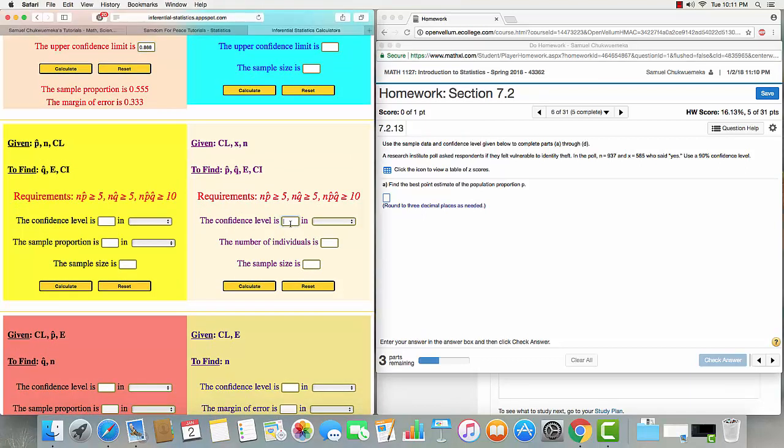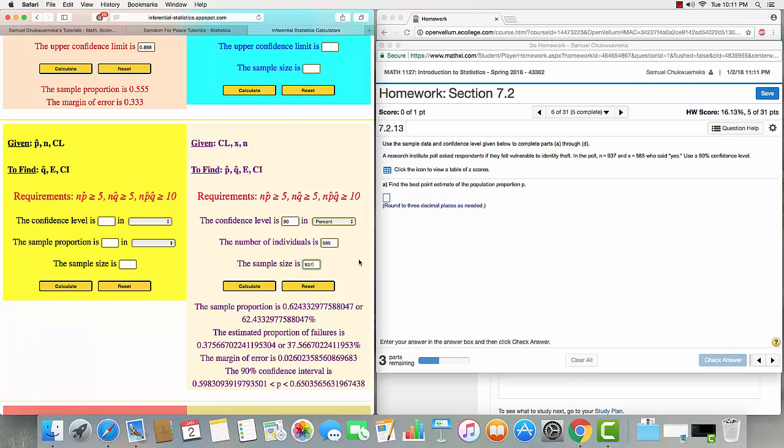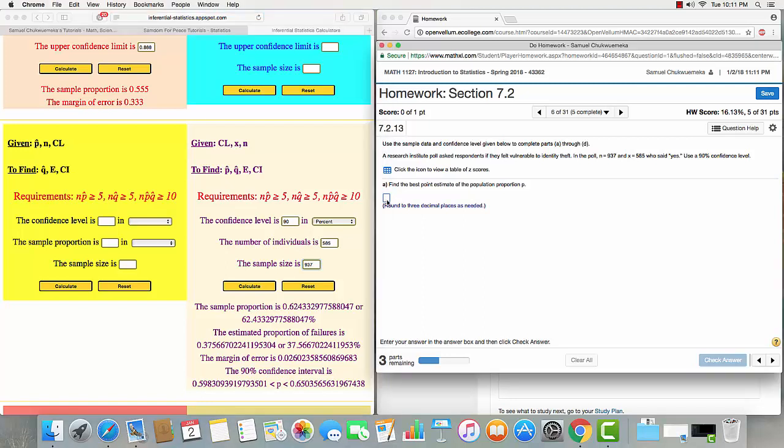So this is the section we are going to use right here. Confidence level is 90, put 90%, select percent. Number of individuals is 585. Sample size is 937. Enter. So the sample proportion is the best point estimate of the population proportion.